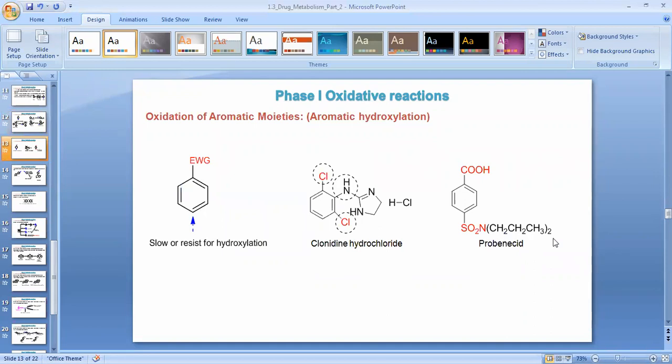Now, the next type of aromatic hydroxylation example. Earlier we discussed the case where the arene ring is substituted with electron donating groups. Now if the arene ring is substituted with electron withdrawing groups like chlorine, so halogen atoms, what type of hydroxylation will happen?